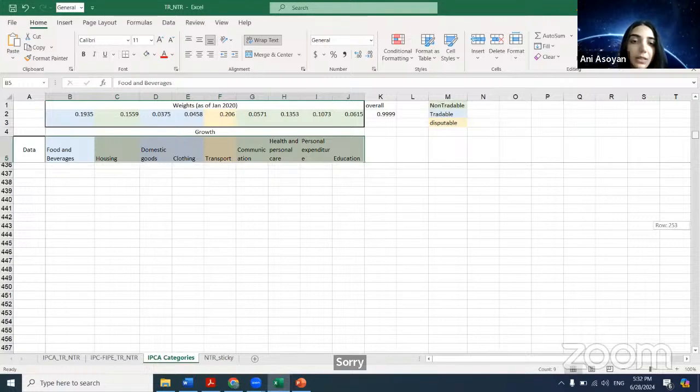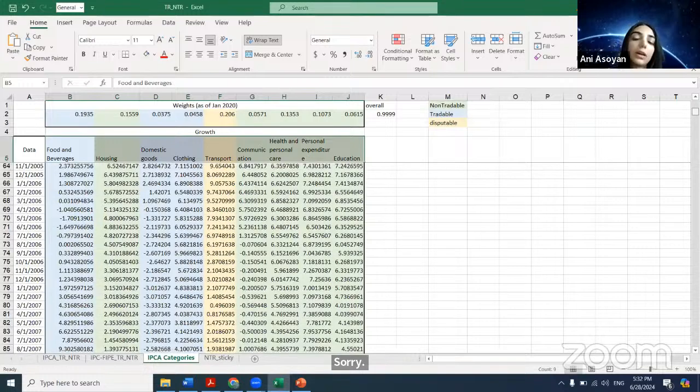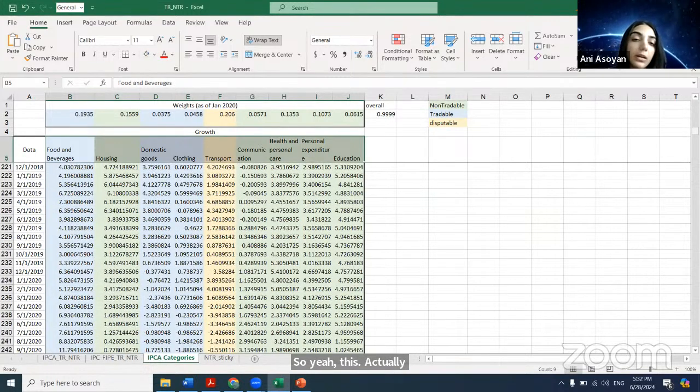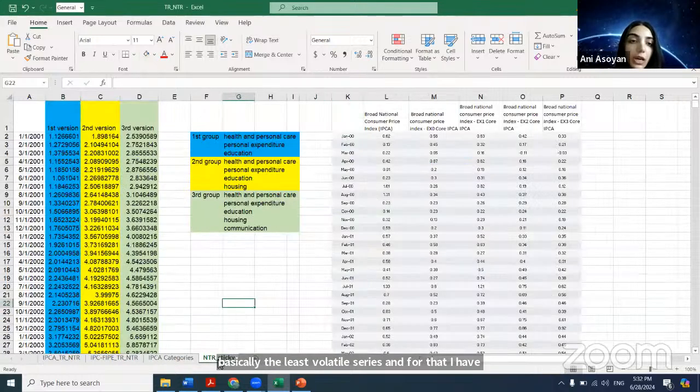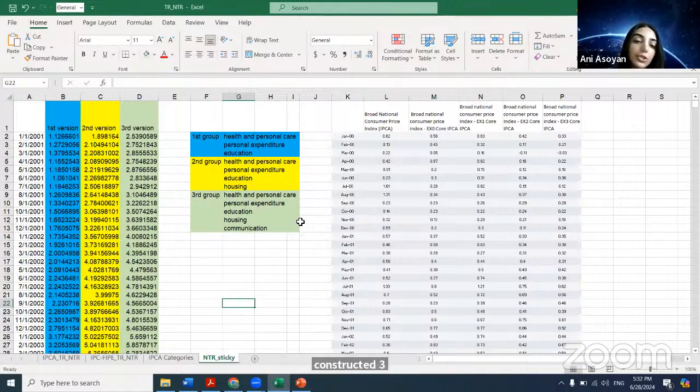So yeah, actually the last three, health and personal care, personal expenditure, and education, are basically the least volatile series. For that, I have constructed three versions of these non-tradable sticky price measures.